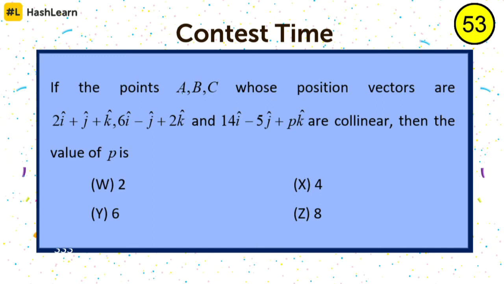Collinear is nothing but they lie on the same line. You need to find what is P. What is the value of P?